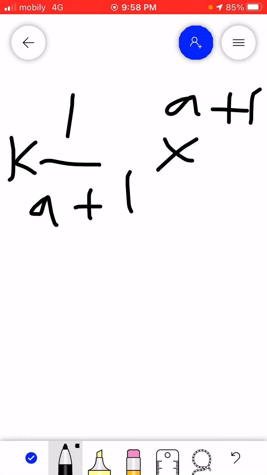What does that mean? That means a represents the exponent: we add 1 to the power, and then multiply the constant by the x. Alright, that's the first rule we need to know.